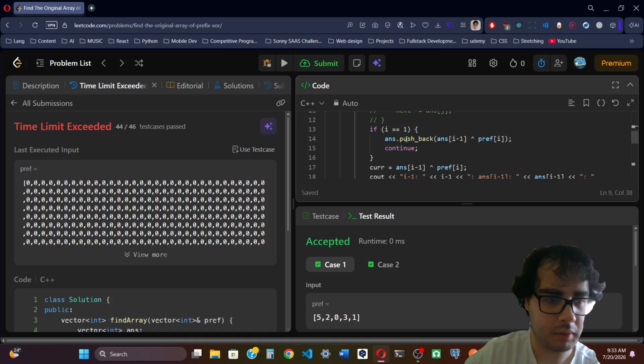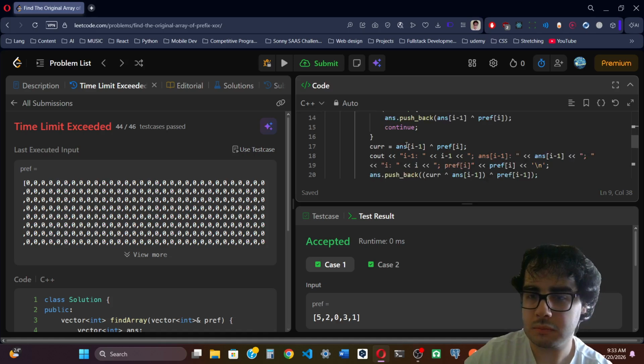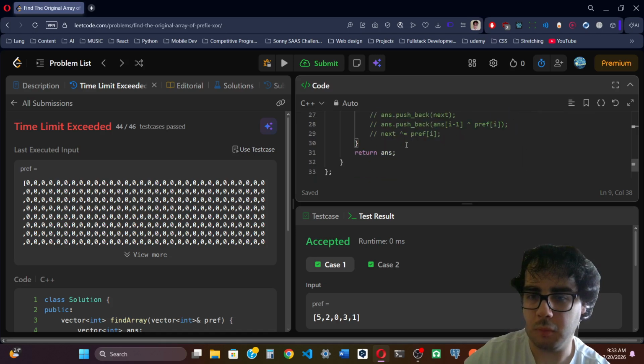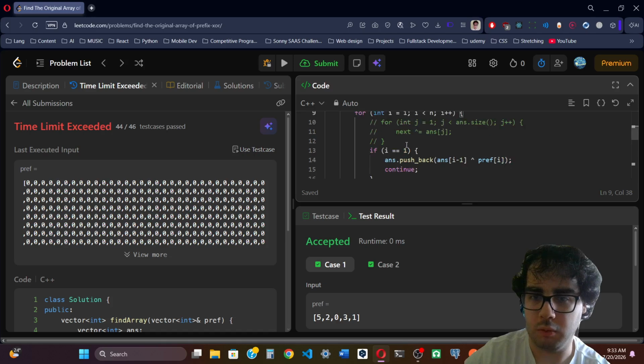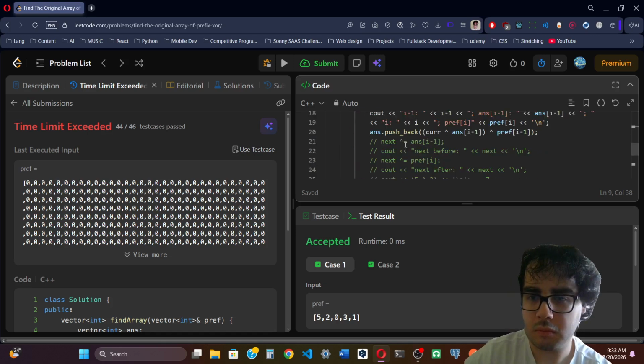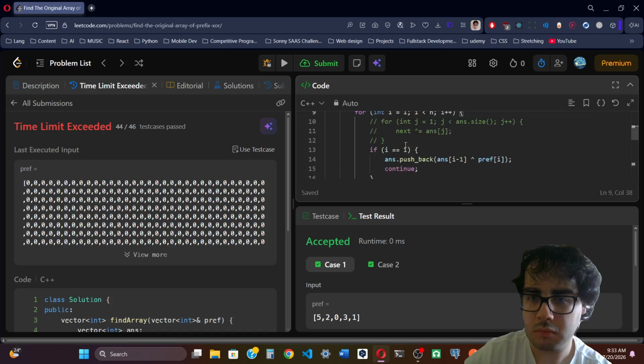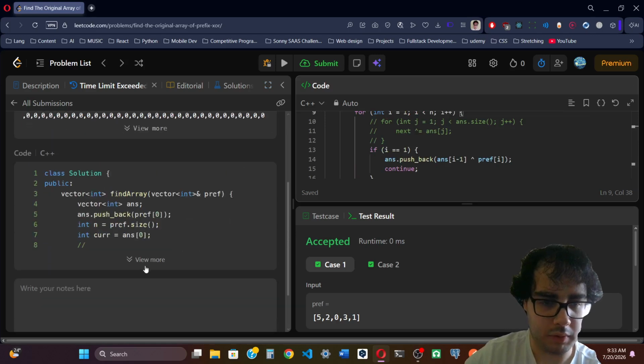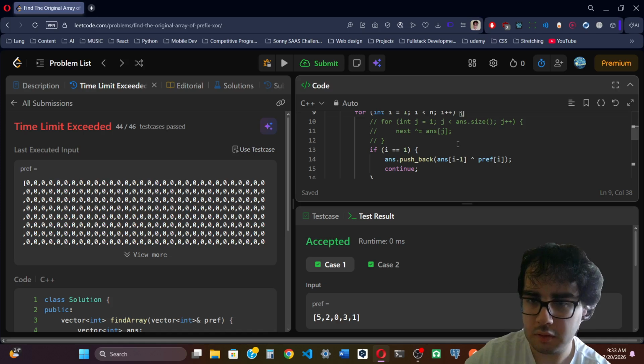How the heck? I'm running only one loop. How did it give me time limit exceeded?